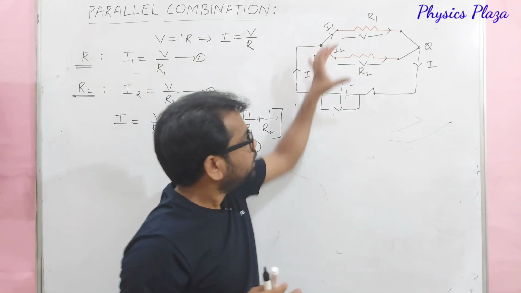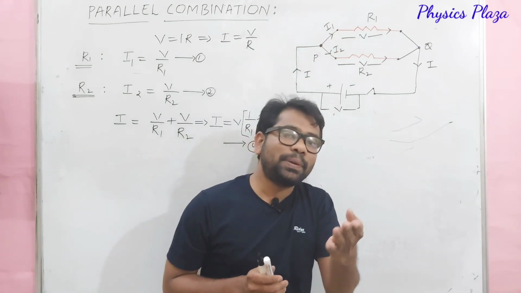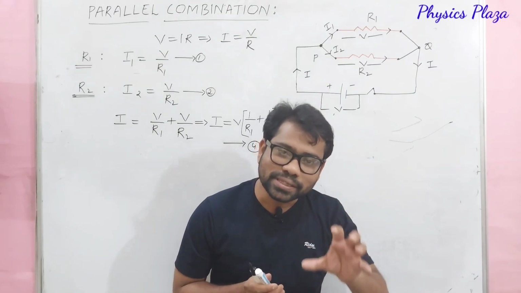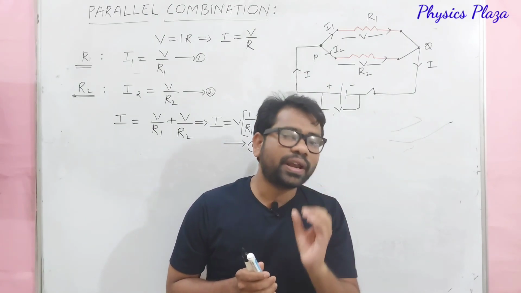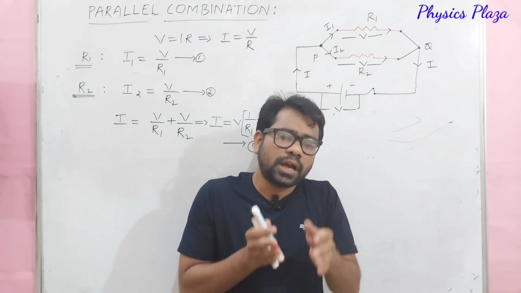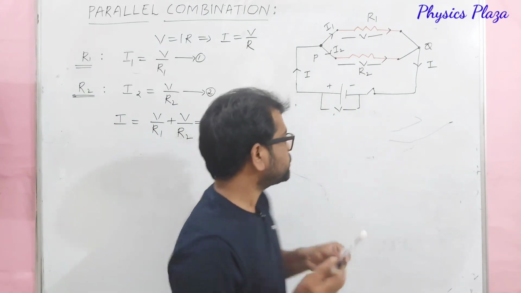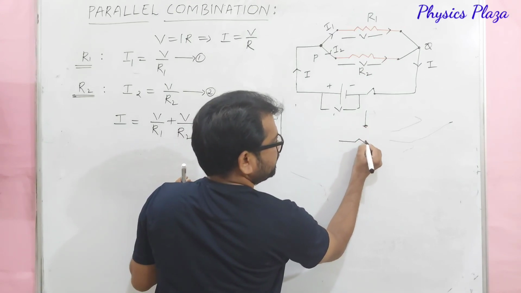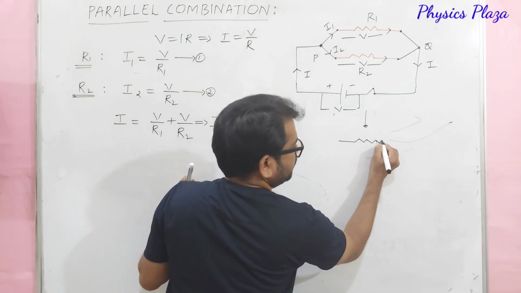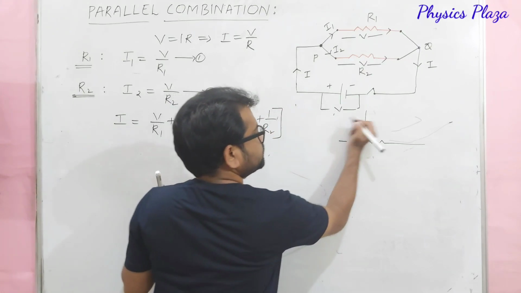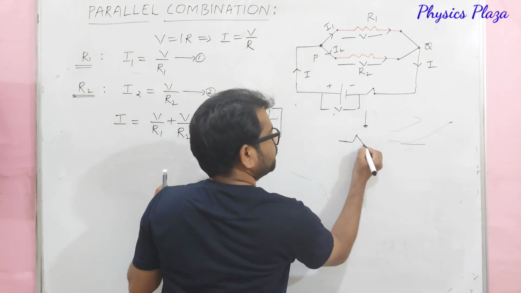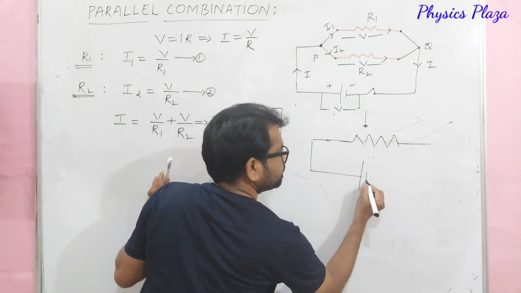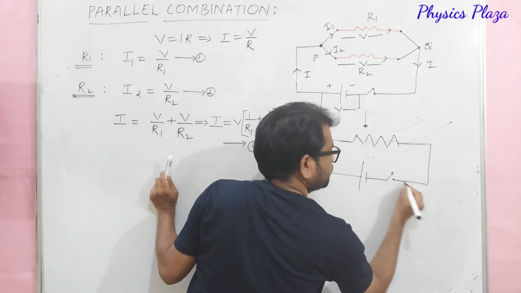So dear children, these two resistors can be replaced by one equivalent resistor which offers the same resistance, in such a way that the amount of current in the circuit remains the same. The amount of current should not get disturbed. So what will happen in this diagram? We make it like this, with only the effective resistor, with the same battery, switch and everything.